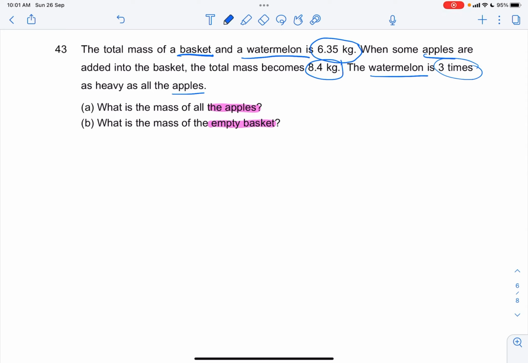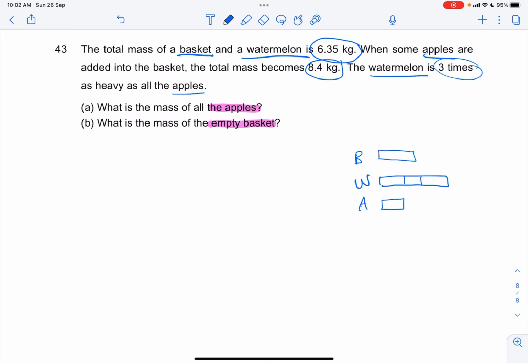Okay. So we have the watermelon, which I will express with W. It is 3 times as heavy as the apples. So 3 units for watermelon, 1 unit for the apple. And then we have a basket that we don't know how heavy it is. Okay, so let's just draw a random bar here.